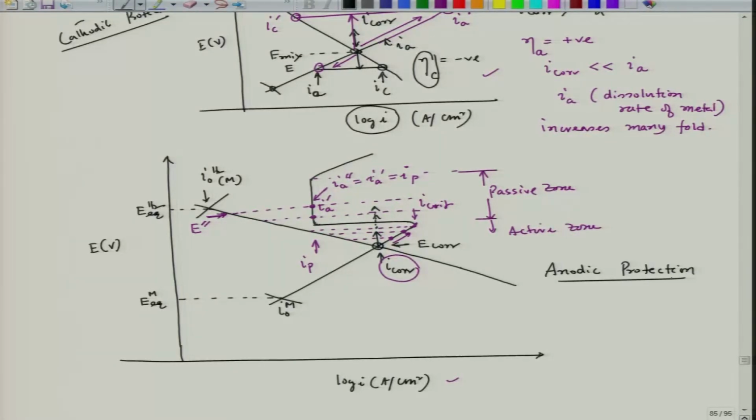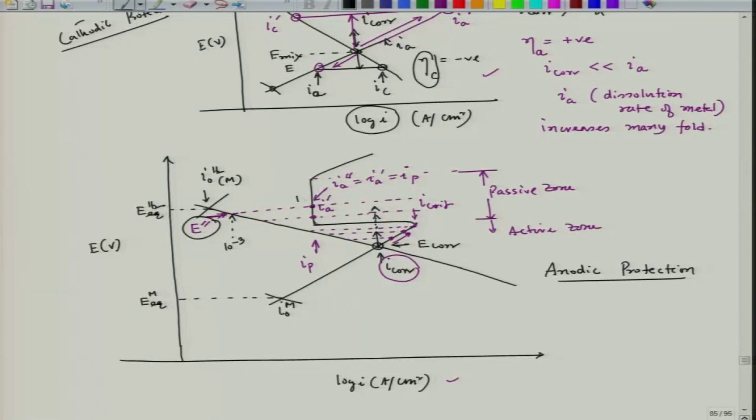Anodic protection. Now, interestingly, if I try to see the current requirement at this particular location when the potential is E double prime, I can also find out that this particular current is almost about, let us say, 10 to the power minus 3 ampere per centimeter square. Now, at this location let us say the current density is 1, so that means it is 10 to the power 0.